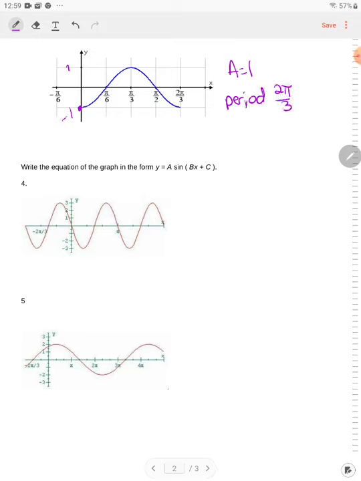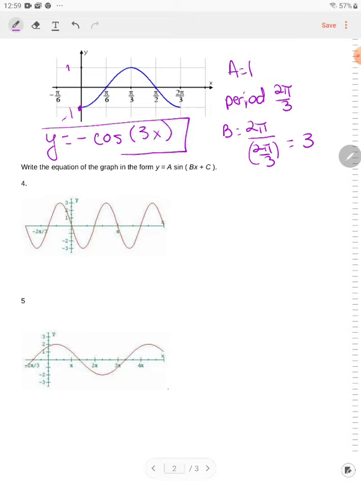So our b value is 2 pi divided by 2 pi over 3, which is equal to 3. So our formula is y is equal to negative cosine 3x. Again, cosine makes the most sense because we started up at the amplitude.